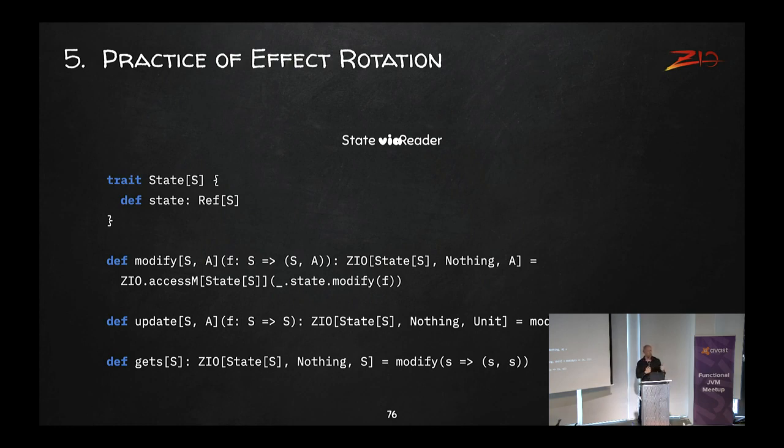But Google the ReaderT design pattern if you want to know more on the history of this thing. Basically, reader is the most powerful effect of all in some sense when you're working in the I/O monad, because its presence allows you to implement other functional effects such as writer and state and many other types.